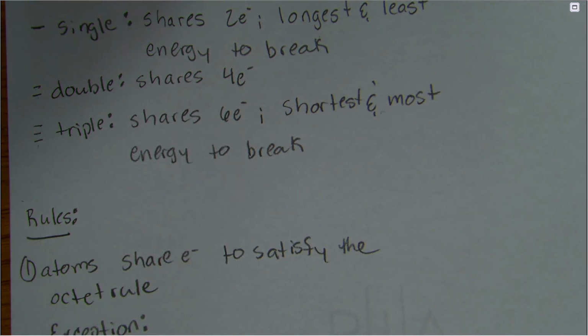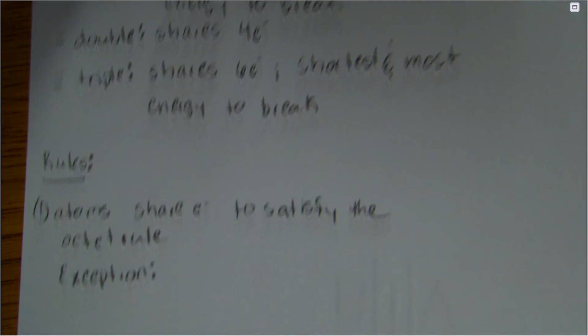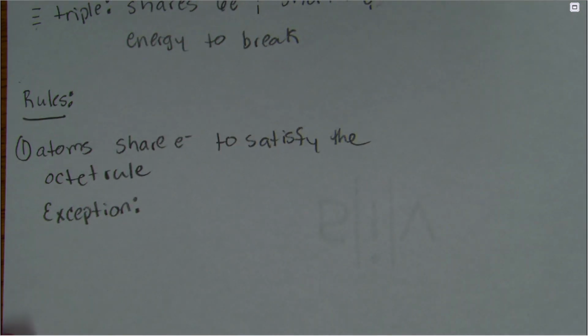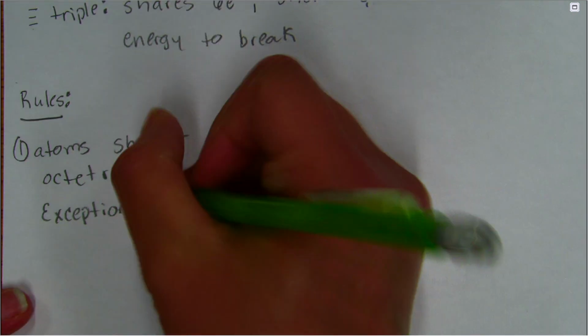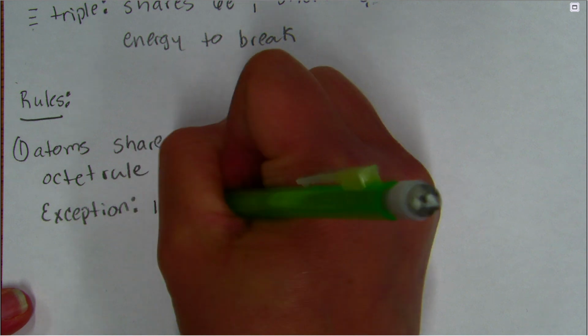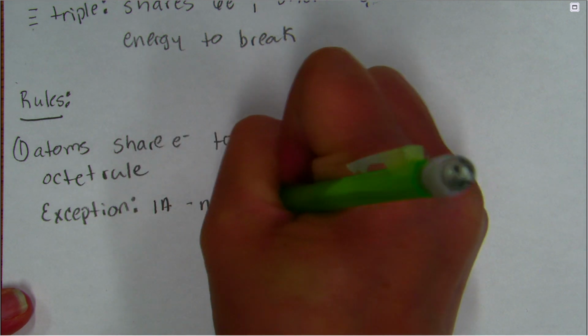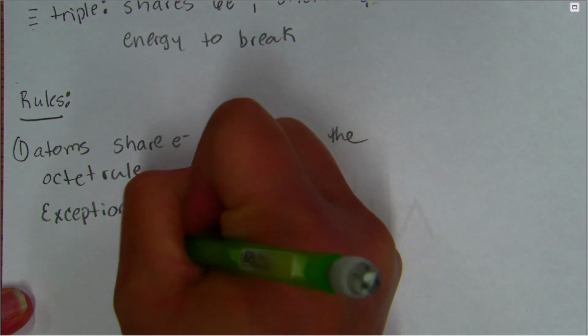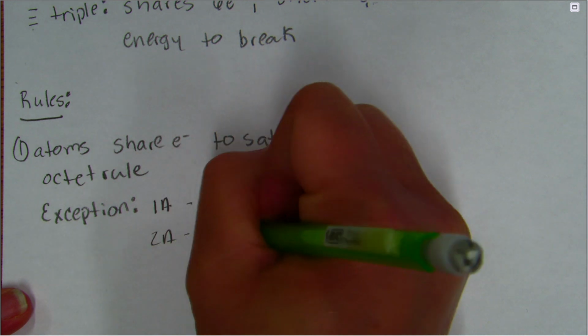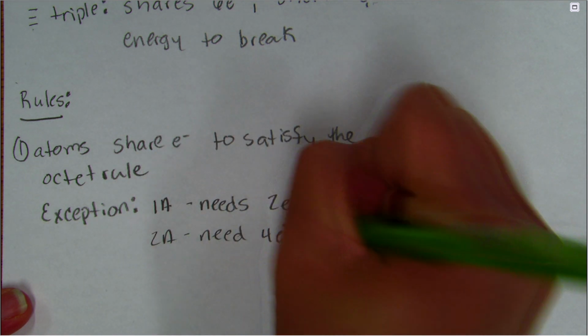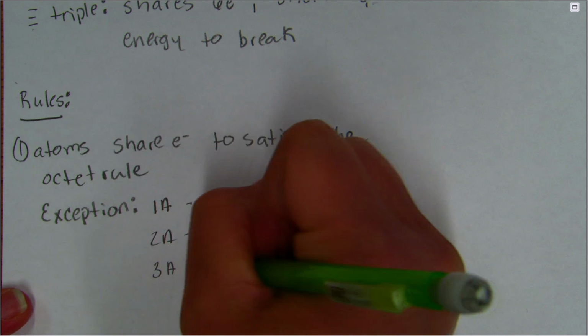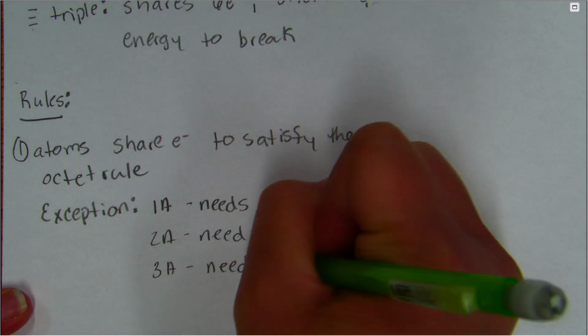Okay, the only rule in chemistry is there are no rules. So some exceptions here are going to be group 1A needs 2 electrons. Group 2A needs 4 electrons. And group 3A needs 6 electrons.